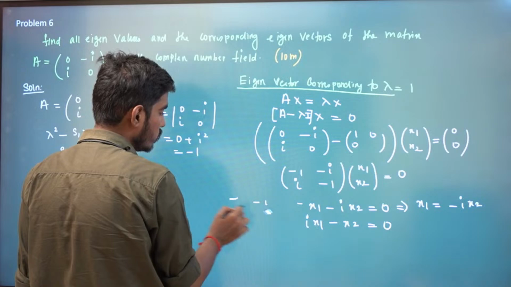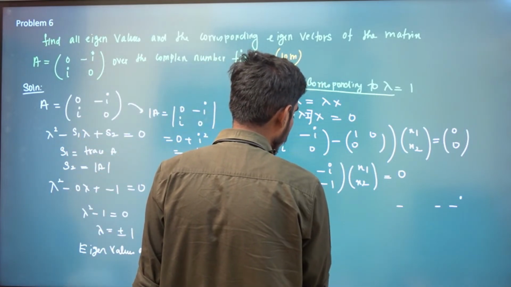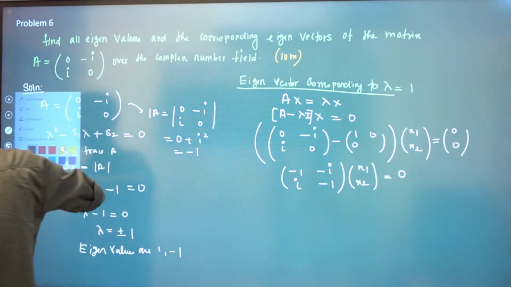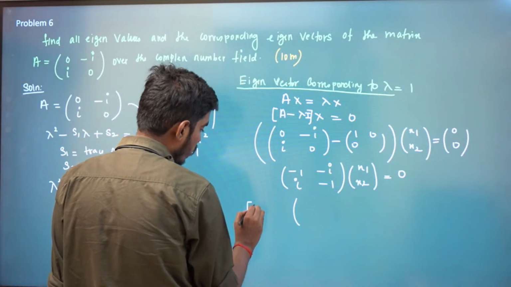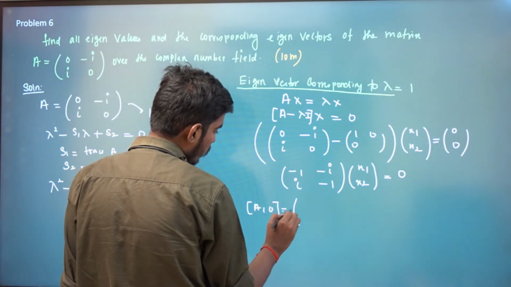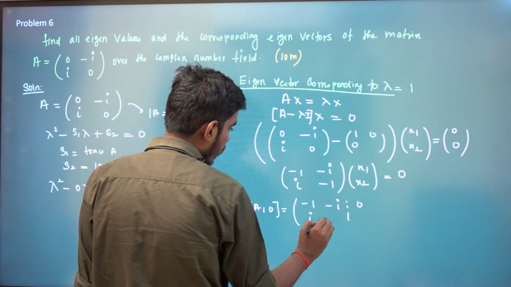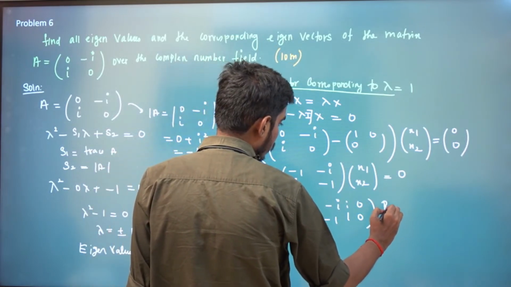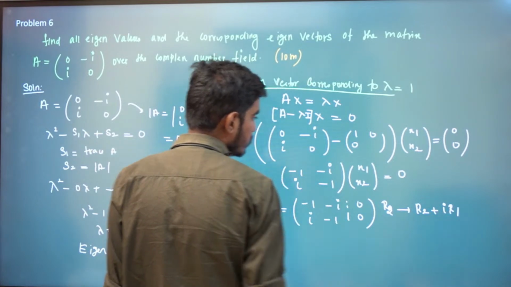Or else we will just solve this. I don't want to confuse you. So we will just solve this homogeneous system of linear equations. You know how to solve a homogeneous system of linear equations. You form an augmented matrix [A | 0], which is [-1, -i | 0; i, -1 | 0]. You make the transformation R2 goes to R2 plus i times R1.